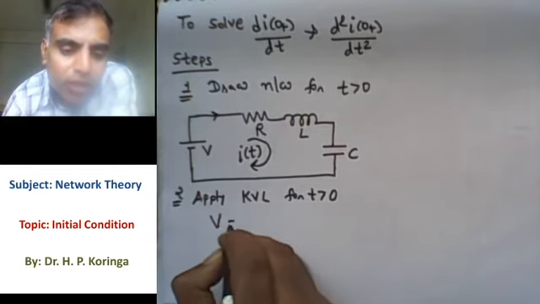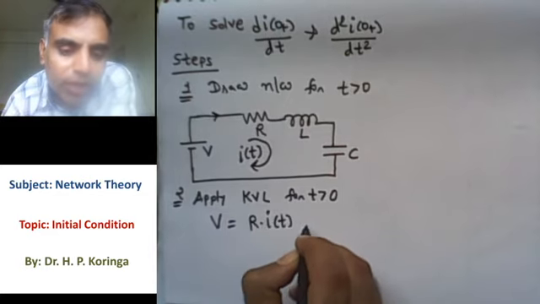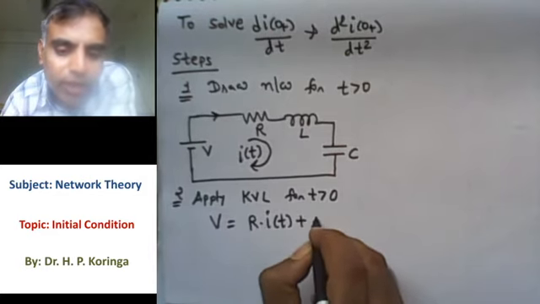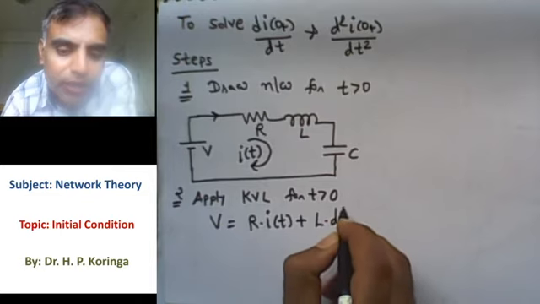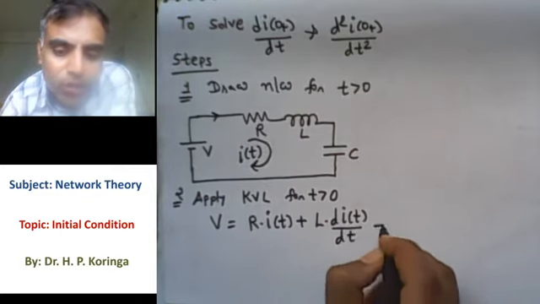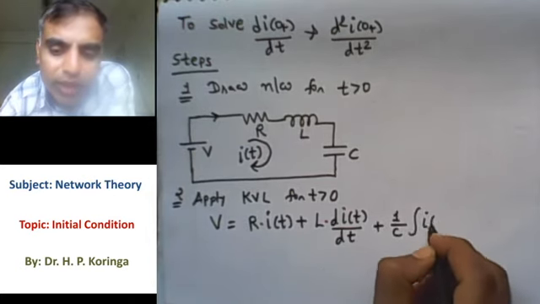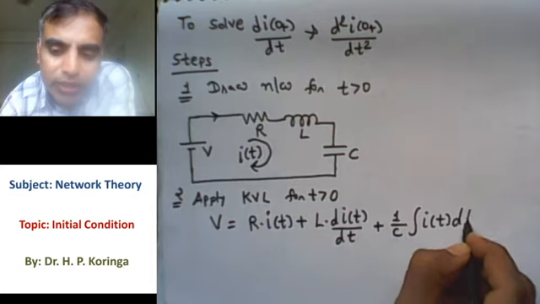V is equal to voltage across R, which is R into I of t, then voltage across L, which is L di by dt, then the voltage across C, which is 1 upon C integration of I dt.